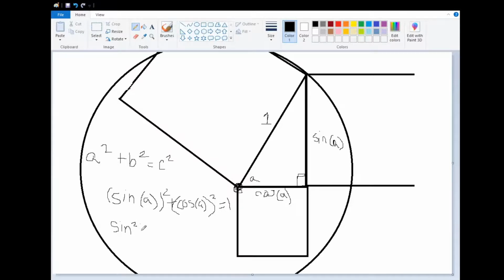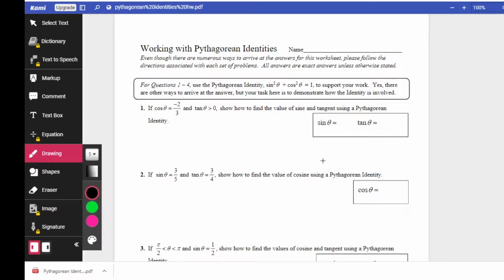Sine squared of a plus cosine squared of a equals 1. Right? So there's a couple different ways to write it, but that's the trig identity that I wanted to show you. So how can we use this trig identity?